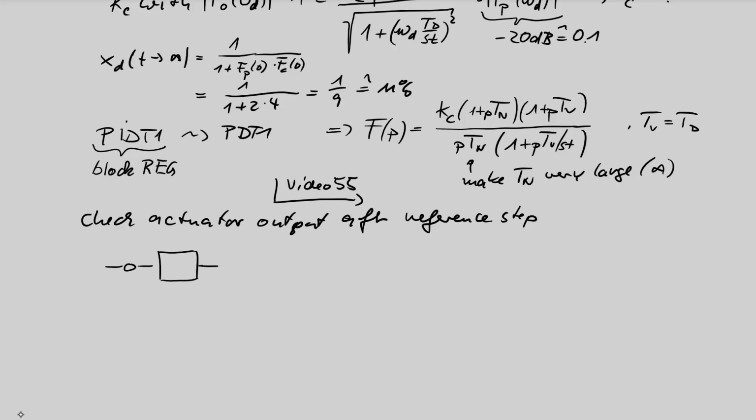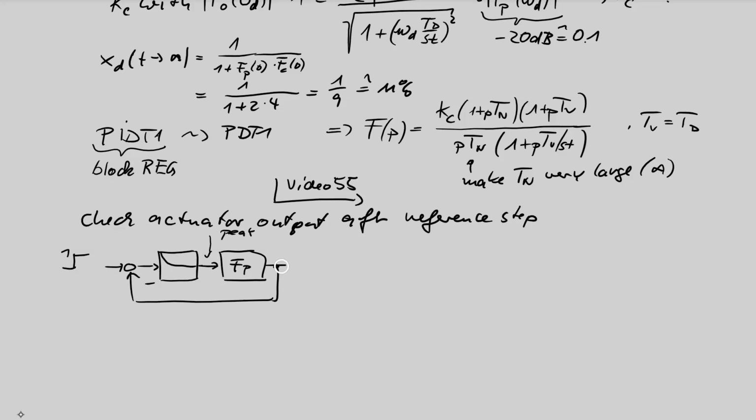Here's our controller, PIDT1 controller, process, FP, feedback, negative feedback. If we apply a unit step here, we look for the peak here.